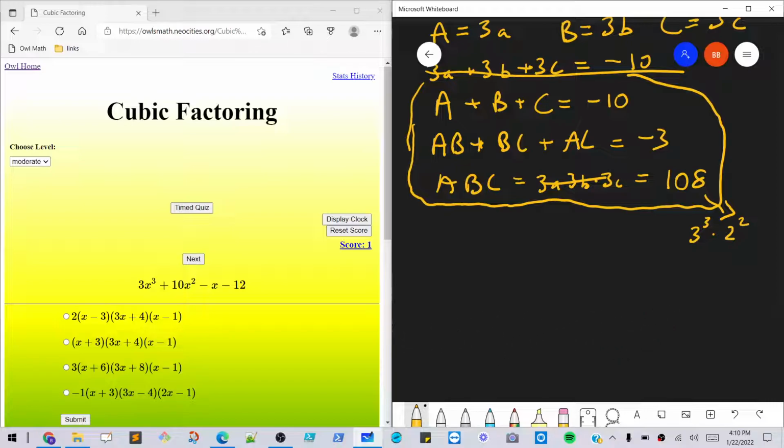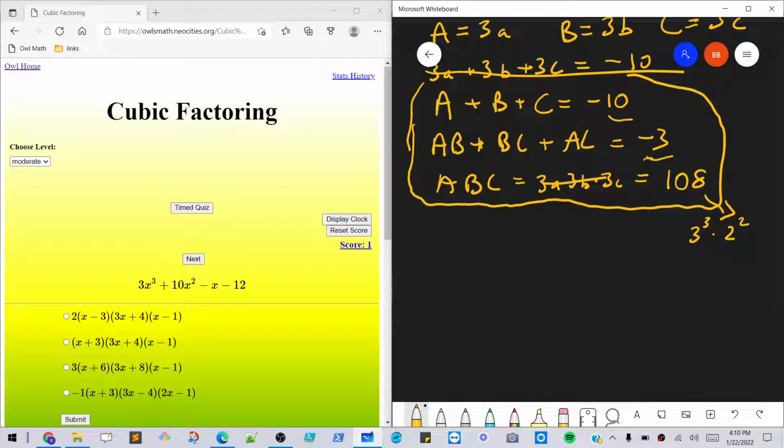Then for the next piece, in some cases you can guess and check, but it can be kind of tricky. And one thing I like to think about at this point is the signs. So you notice you have some negative signs, which tells me at least one of these numbers, A, B, and C, is going to be negative.